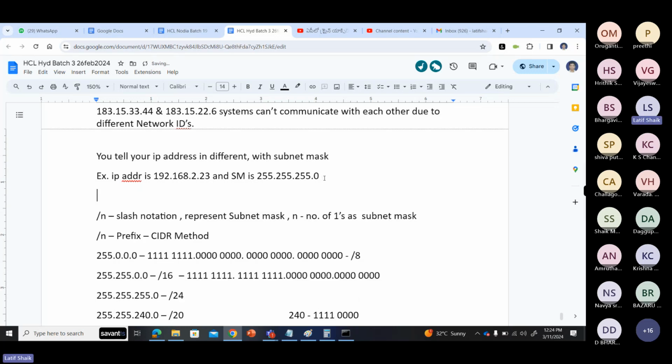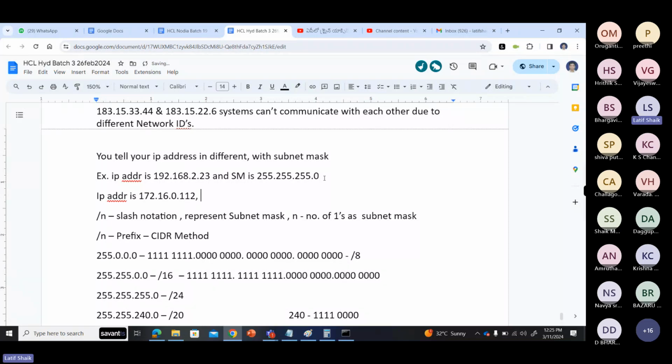Like this you can tell, or you can say my IP address is 172.16.0.112. That's it. If you don't tell the subnet mask, it will take the default. Either you can tell the subnet mask, or if it is the default subnet mask, there is no need to tell the subnet mask also.